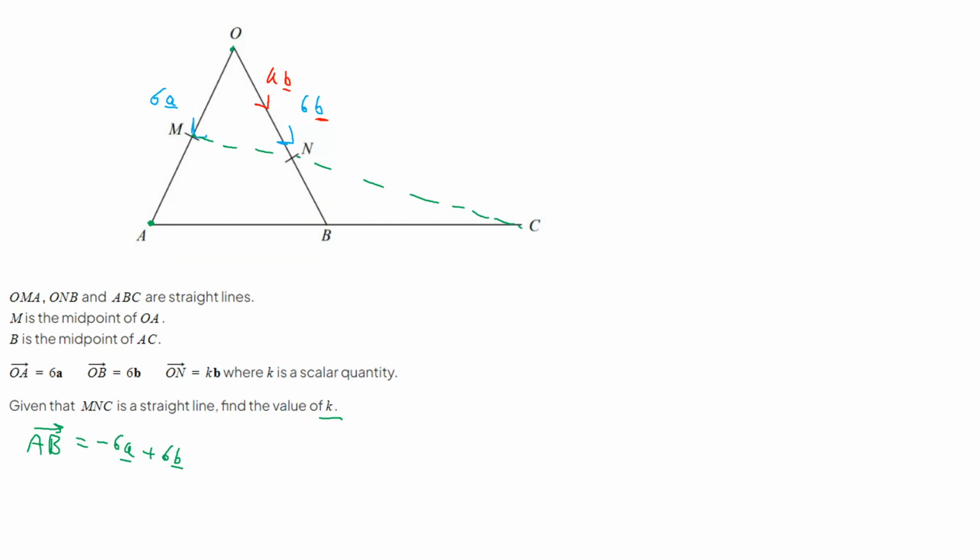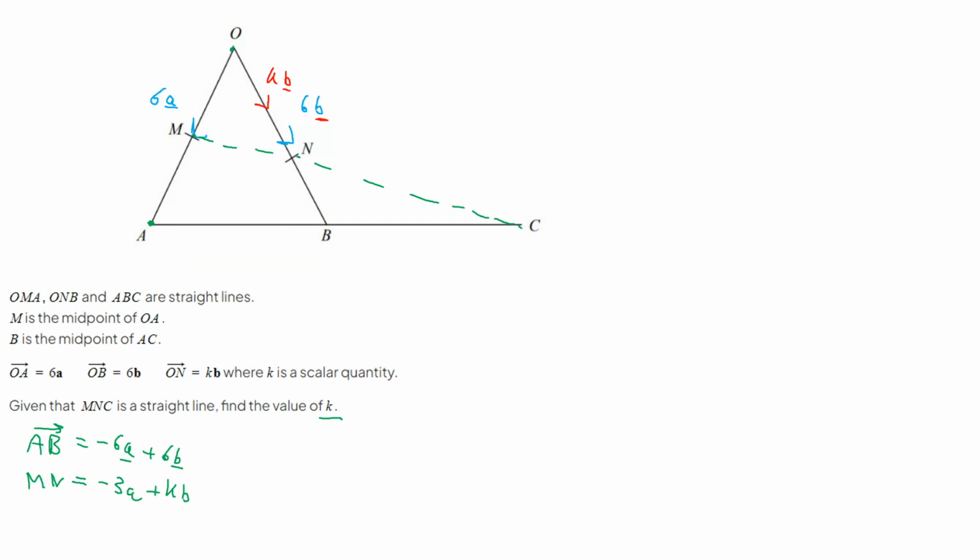Because we need to know what this line is. M to N is just going to be minus 3A, because remember this is a midpoint, plus KB. All right?